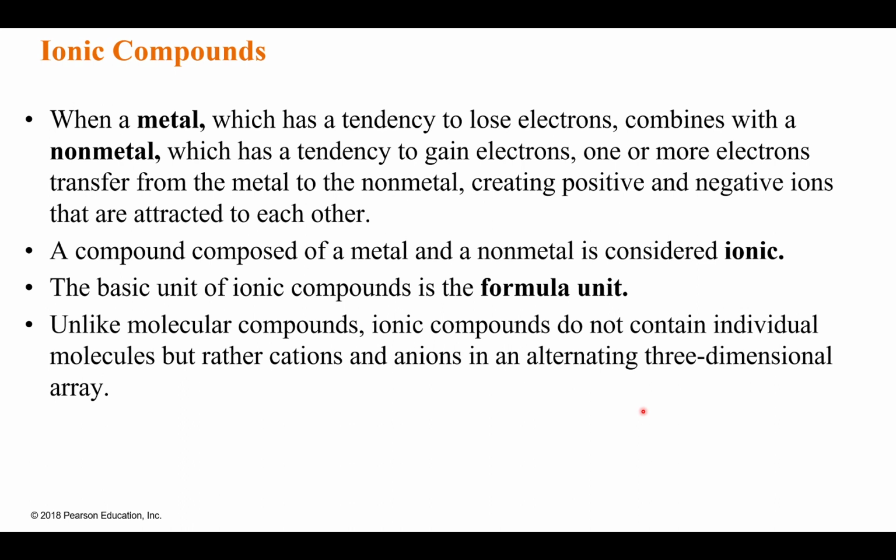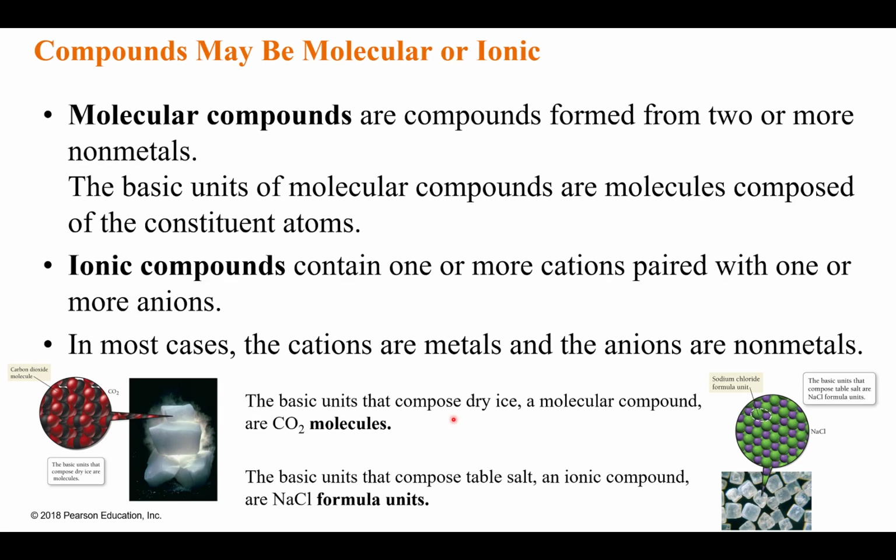So for example, if you look at sodium chloride, even though the formula says NaCl, 1:1, in reality, if you were to zoom in at this crystal lattice, you would see that every sodium ion is interacting with 6 chloride ions, and every chloride ion is interacting with 6 sodium ions. But we always simplify it to write it as such. We don't do that for molecular compounds because that's not the same scenario.